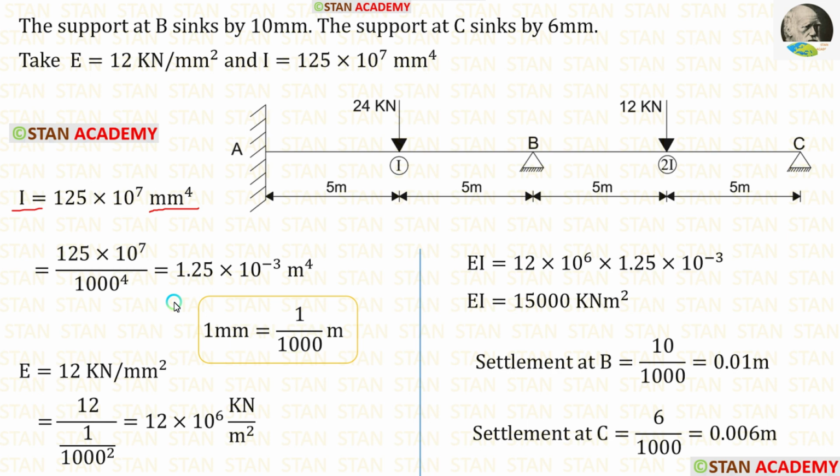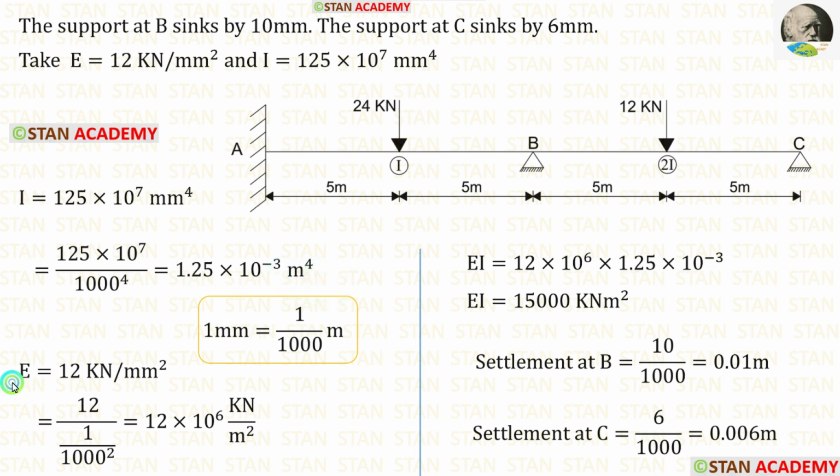So we have to convert it into meter power 4. We know that 1 millimeter is 1 upon 1000 meter, but here we have power 4. So we have to divide this value by 1000 power 4. Finally, we are getting the moment of inertia in meter power 4.